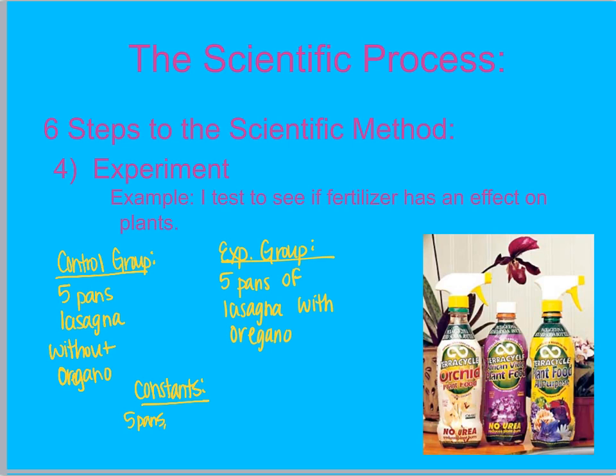Or the type of pan, a metal pan versus a glass pan? So the type and size of the pan. The temperature it's cooked at. What else? The time we cook it. If I cook one for 20 minutes and one for 50 minutes, that's going to be a big difference.